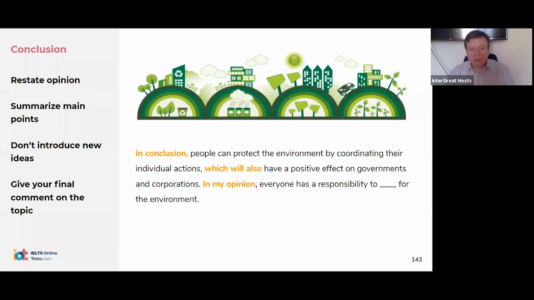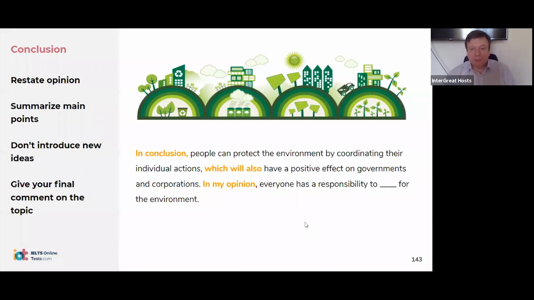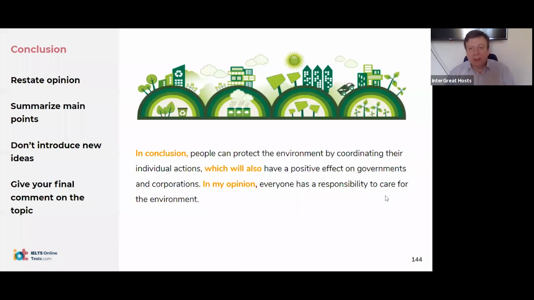In my opinion, everyone has a responsibility to, so what are we going to put in there? A number of those words would work, guys. So care for the environment.